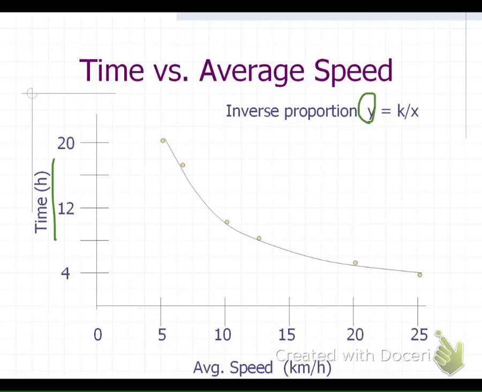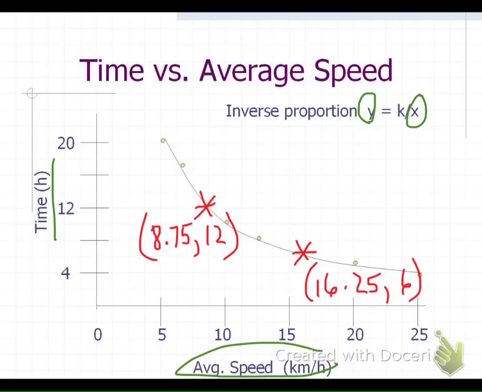Substituting for y, time, and for x, speed, we now only need to find our k. We're going to select 2 points on the line, and we want to select 2 points that are not data points, as some data points may not fall exactly on this curve.